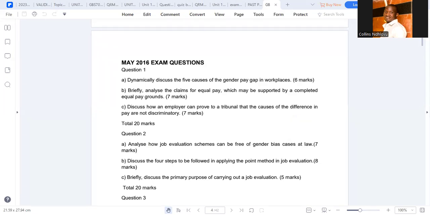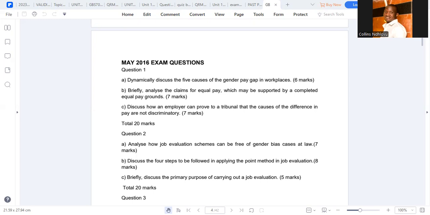Okay, how can one prove that? So this is a little bit legal. How can one prove to a tribunal that the causes of difference in pay are not discriminatory? So we are looking at it from you being an employer. Okay.